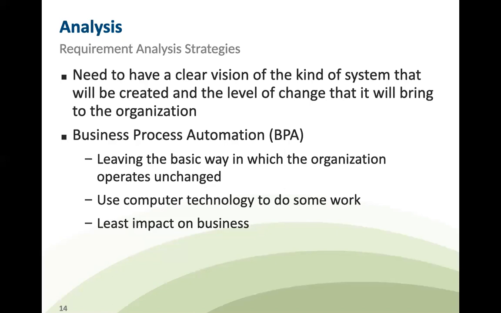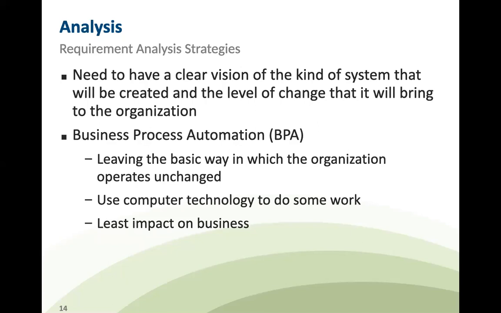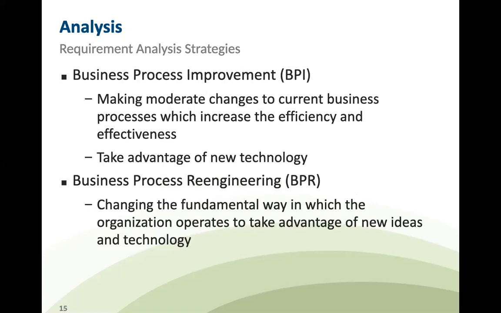So through this business process automation methodology, it's going to only gradually introduce the computer technology to your business, so the impact on the business will be less. So these are BPA, business process automation, and then BPI, BPR. These are the requirement analysis strategies that can be used.